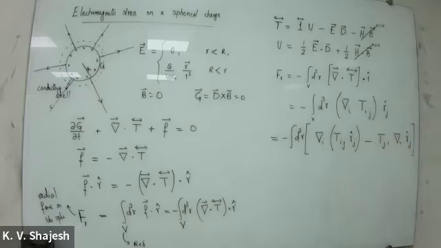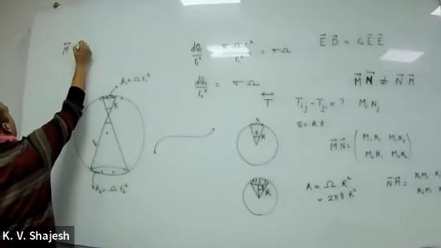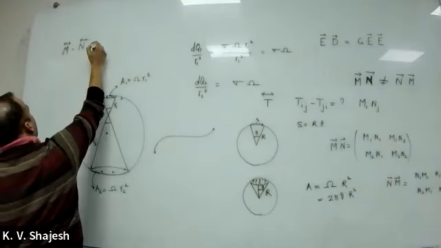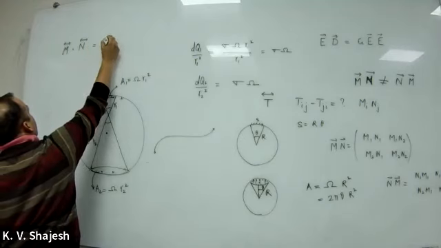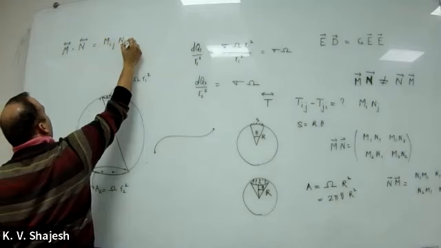Maybe go back. If you have a matrix M dotted with N, that's a matrix, that's the same as M_ij and N_jk.